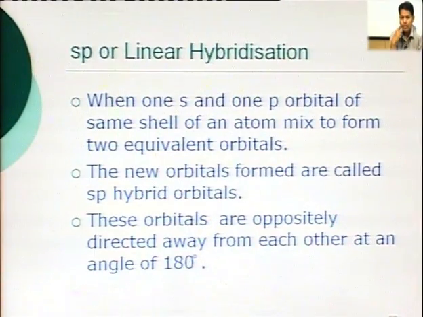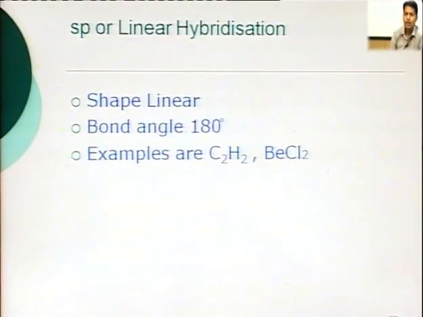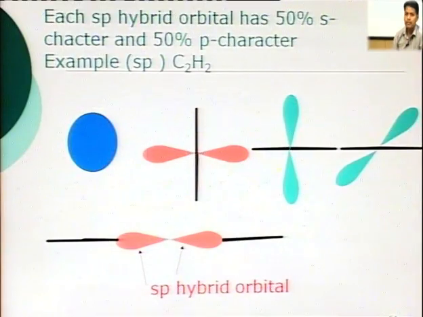These orbitals are oppositely directed away from each other at an angle of 180 degrees. The shape of sp hybridization is linear. Bond angle, as they are directed opposite to each other, is 180 degrees. Examples are acetylene, or ethyne, and beryllium dichloride.